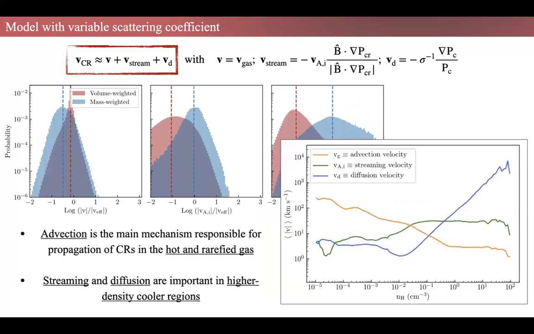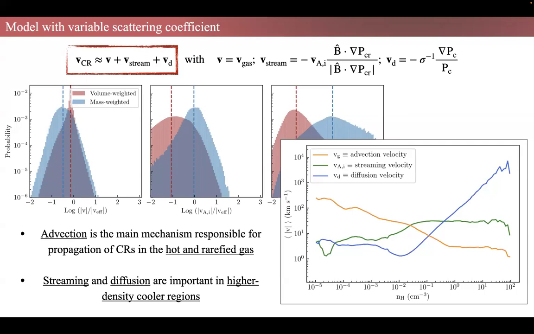Now, I would like to comment on the relative importance of different cosmic ray transport mechanisms: advection by the background gas, streaming together with the alpha waves, and diffusion relative to the alpha waves. In the plot on the right, you can see the mean values of the 3 components of the cosmic ray propagation speed as a function of gas density.